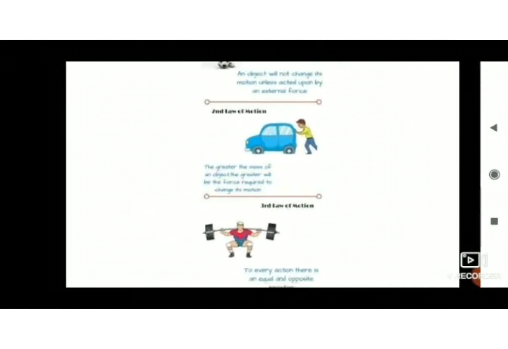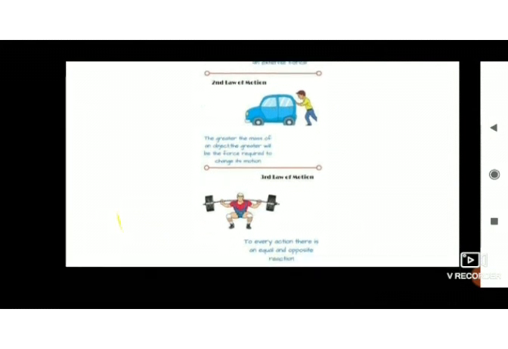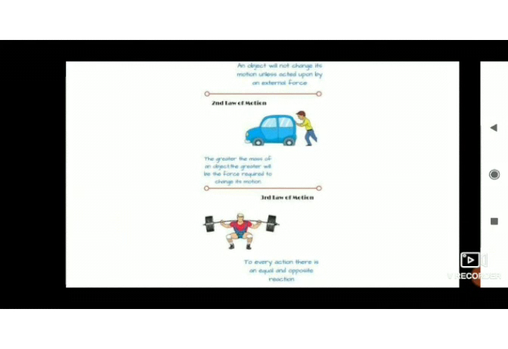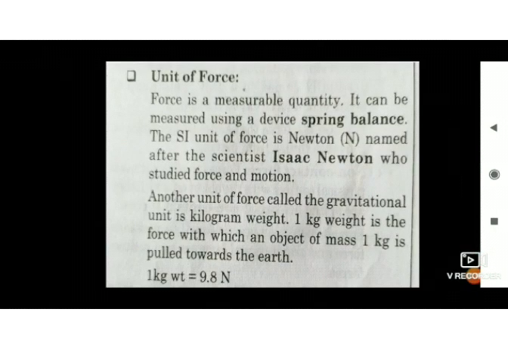And third law: to every action there is an equal and opposite reaction. These are the basic laws of motion which Sir Isaac Newton invented. Students, up till now we saw what is force, different types of forces, inertia, and Newton's three laws of motion.